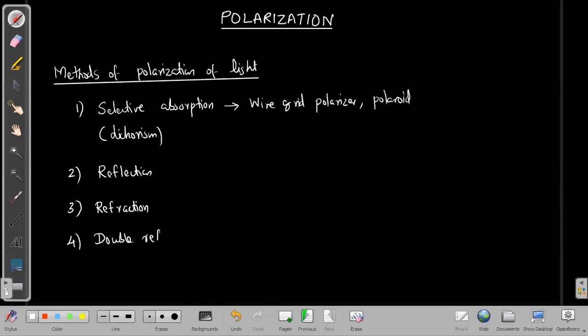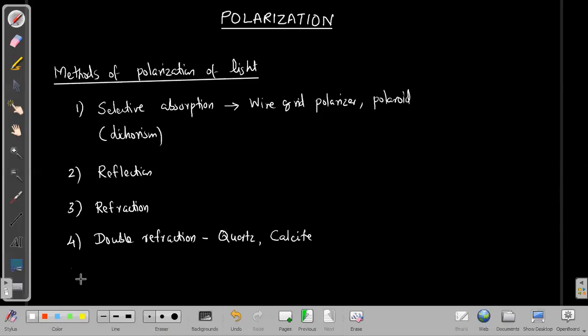It is an interesting phenomenon. Certain crystals show this double refraction phenomenon, basically quartz, tourmaline, and calcite.